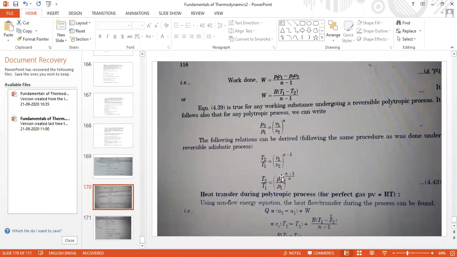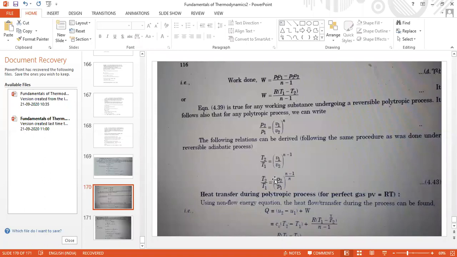And T2 by T1 is again written in terms of the pressure ratio like this: (P2 by P1)^((n minus 1) by n). Again, because V1 by V2 is (P2 by P1)^(1 by n).